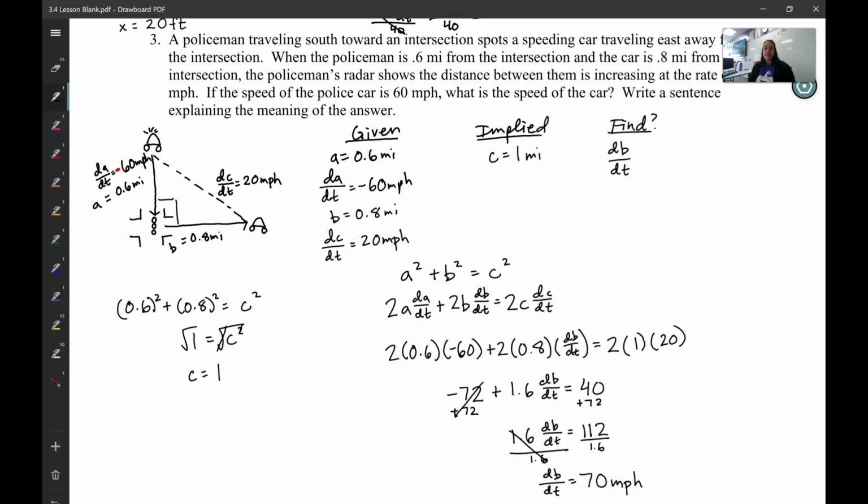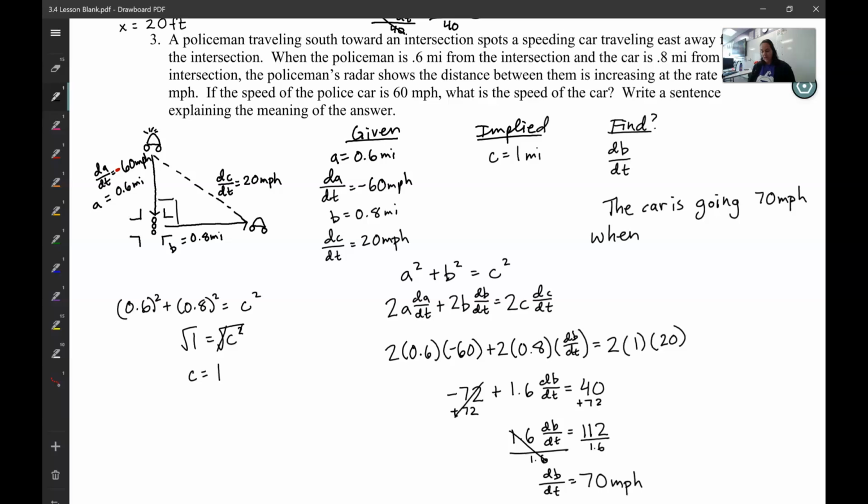And because this is a story problem, we need a sentence. So what is the speed of the car? The car is going 70 miles per hour when, just like last time, this is a specific point in time. The car could be going 65 miles per hour in 30 seconds. We don't know.